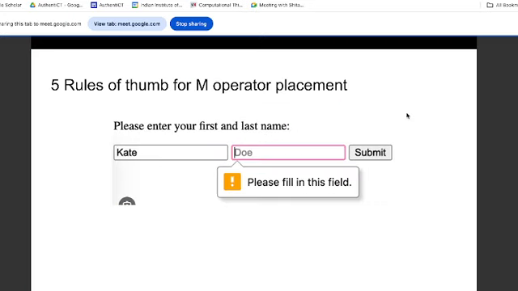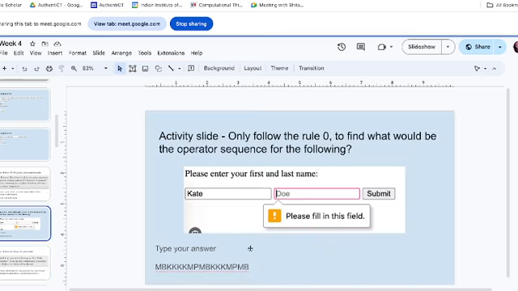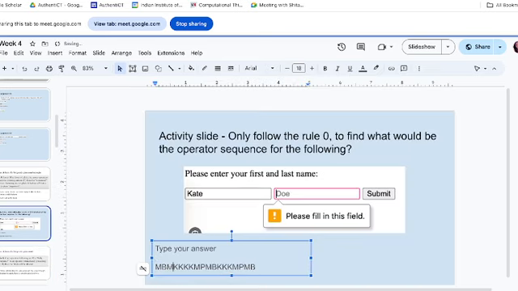Next. So continuing the 5 rules of thumb for this M operator, we found out what our answer is for this one. Sometimes actions like this BK are expected, so we can't say that before. Okay, here actually we should have written BMK, and here again we should have written KK.